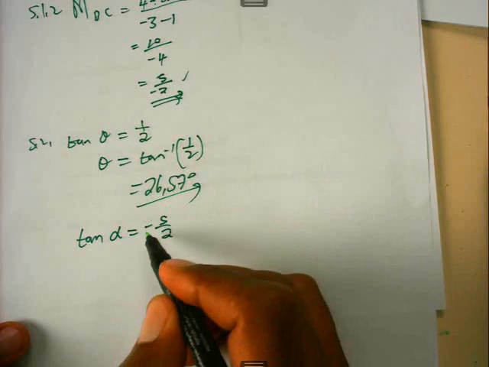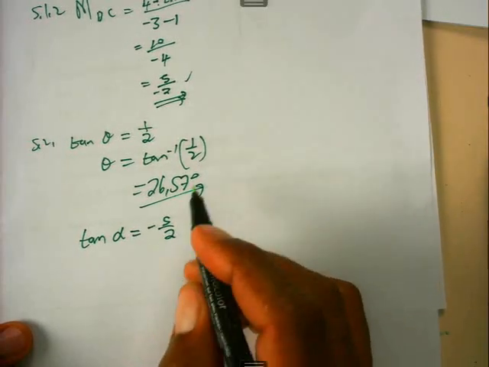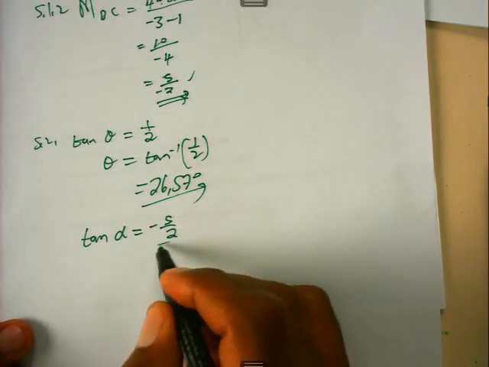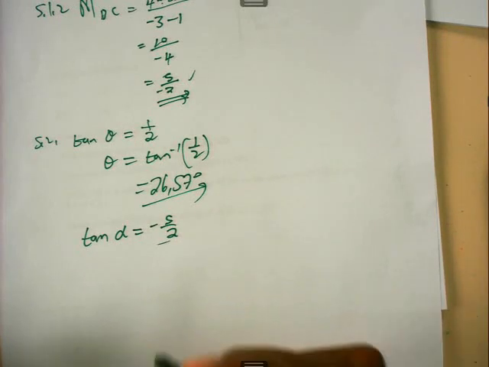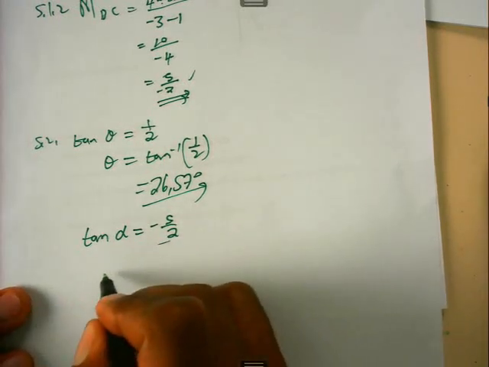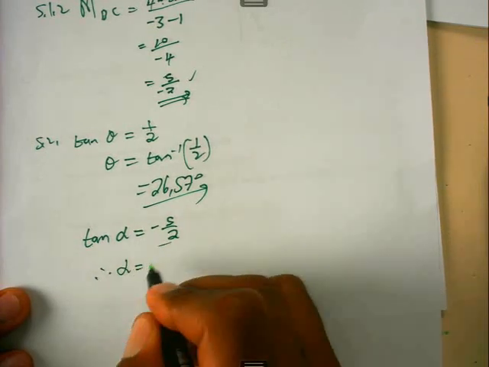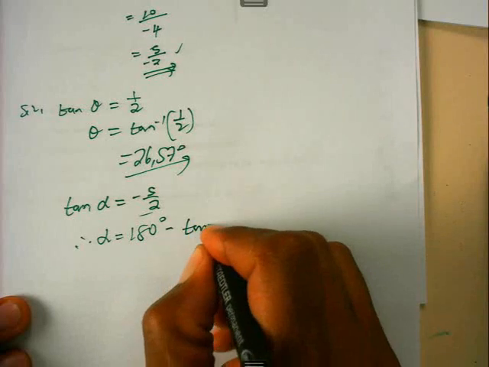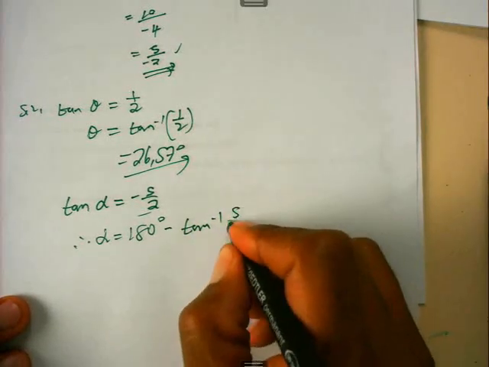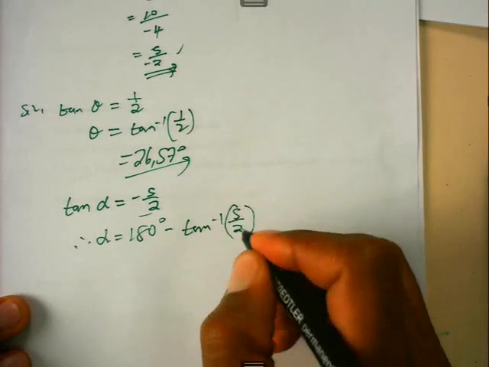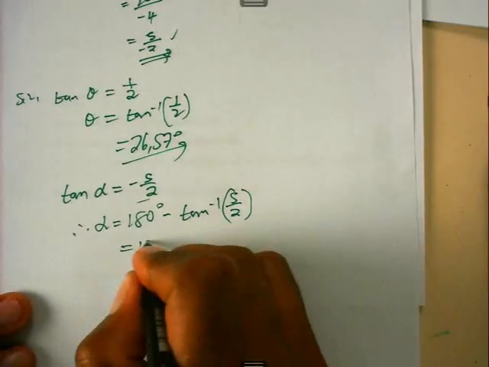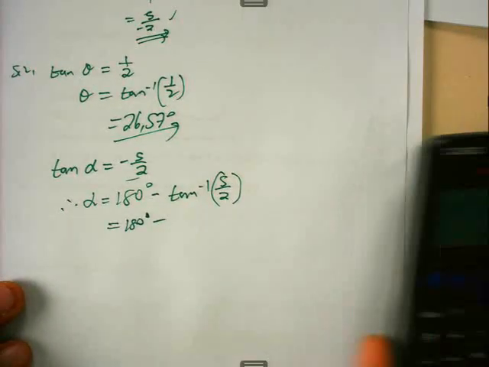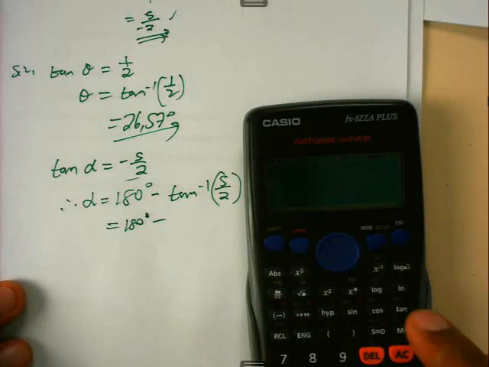Of course, now look at the gradient. If the gradient is negative, it means this angle here must be more than 90. Right, of course, I can now say alpha here is equal to 180 degrees minus the inverse tan of 5 divided by 2.